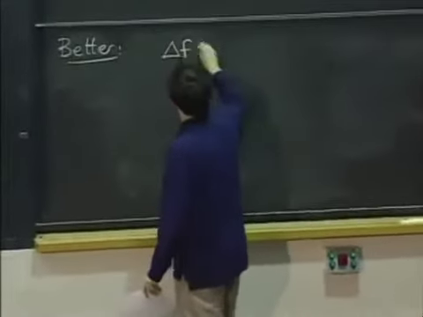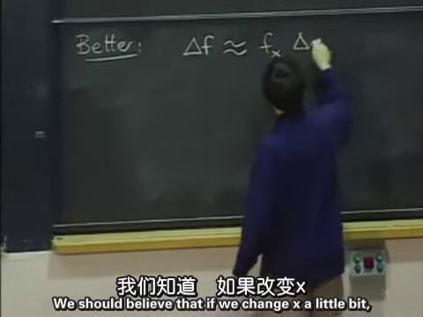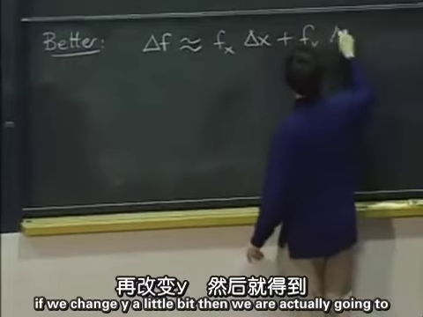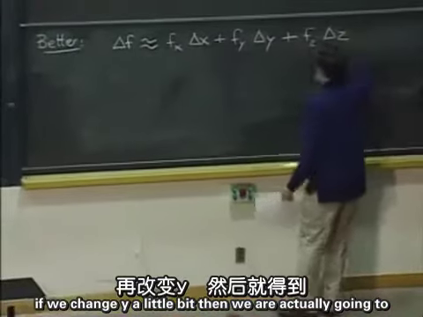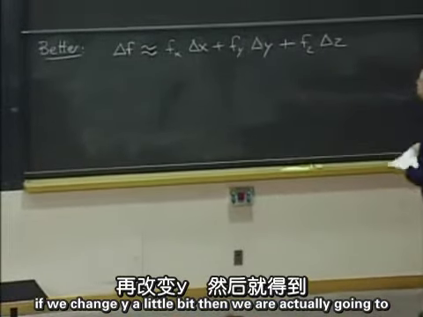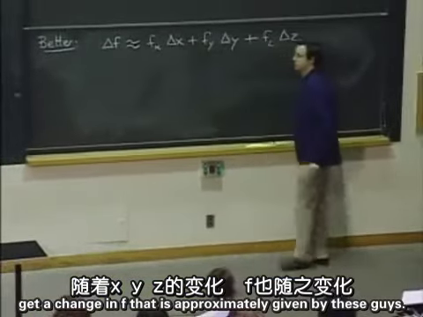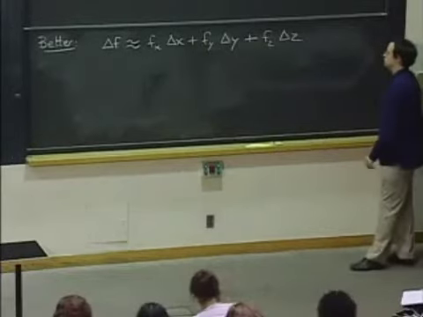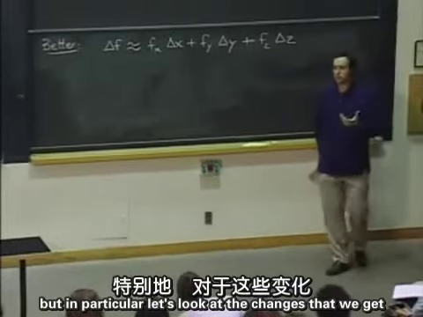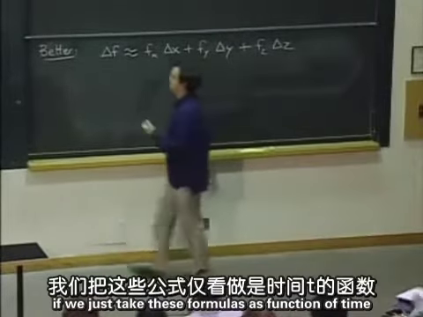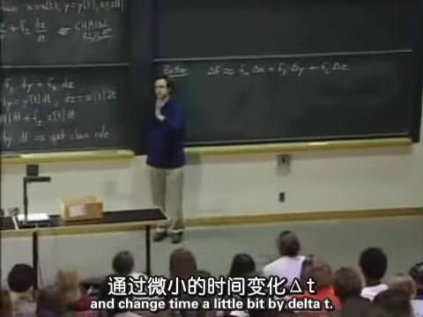So we should believe that if we change x a little bit, if we change y a little bit, then we are actually going to get a change in f that's approximately given by these guys. Now, this is true for any changes in x, y, z, but in particular, let's look at the changes that we get if we just take these formulas as functions of time and change time a little bit by delta t.